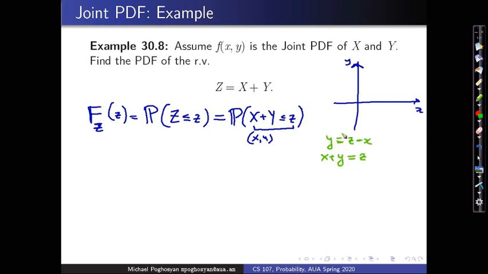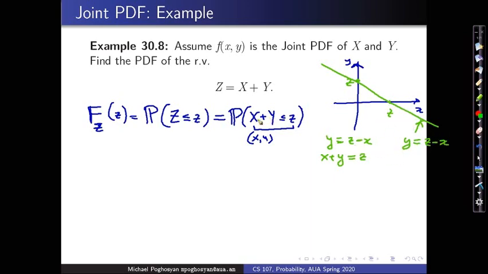I'm drawing this line, and I will consider all points under that line because y is less or equal than z minus x. This is z, this is z. The equation of this line is y equals z minus x.